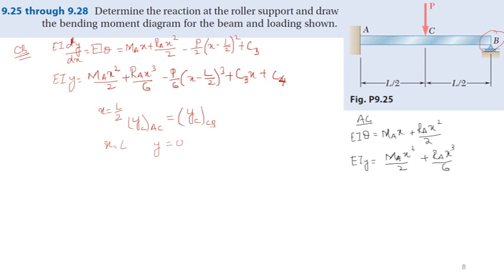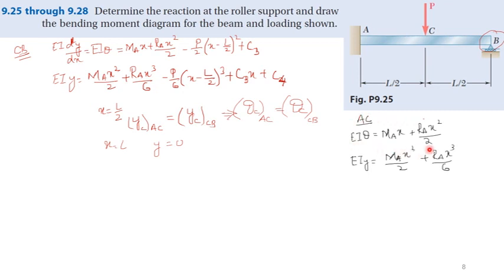And what else do we have? At x equals L by 2, we have another condition: theta C of curve AC will be equal to theta C of curve CB.